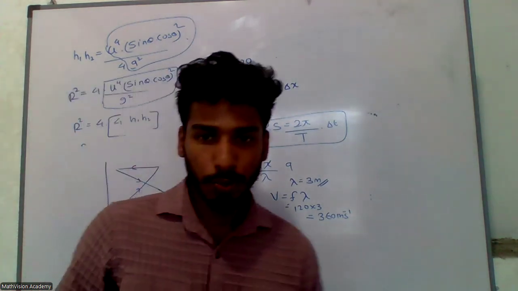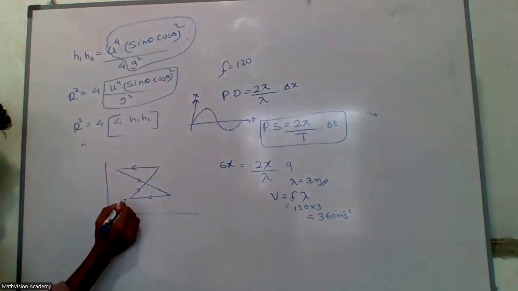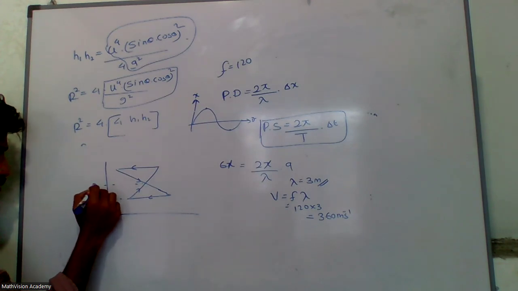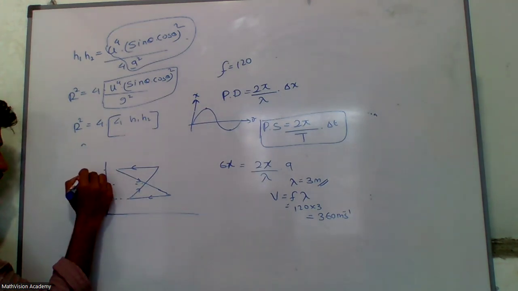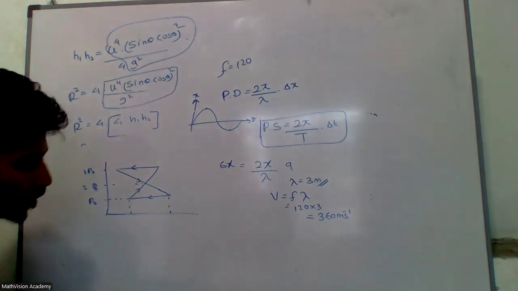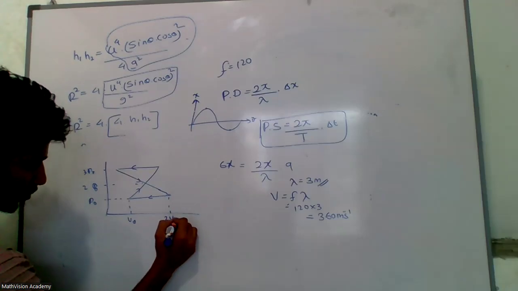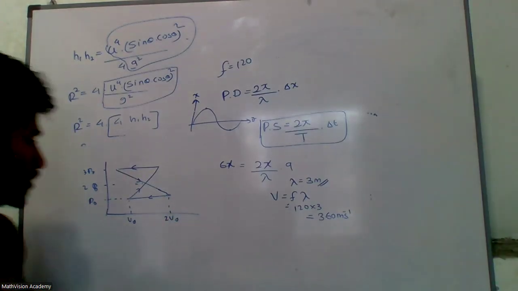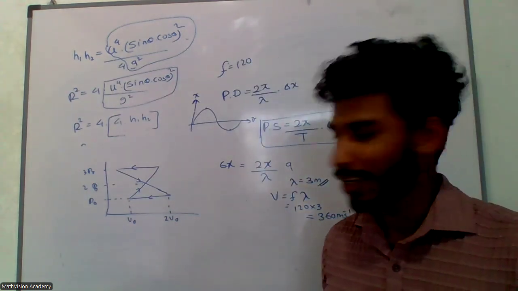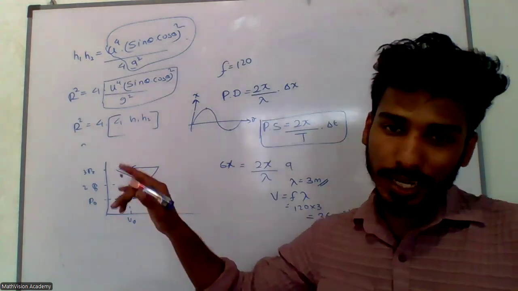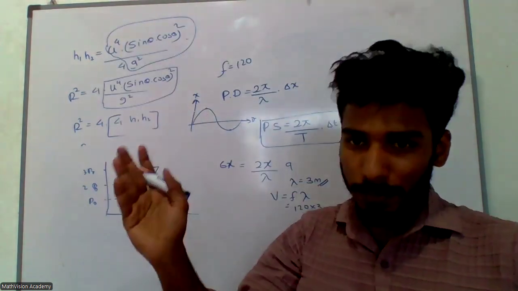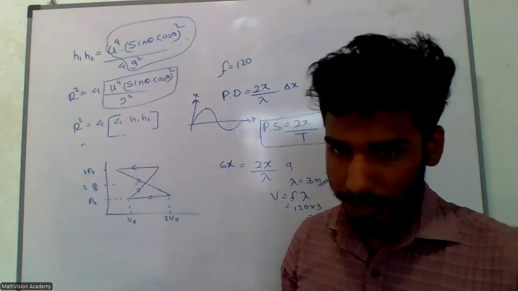Pressures are P0, 2P0, 3P0, and volumes are V0 and 2V0. To try this question, just break it into pieces. That's the way I did it in the cyclic process as well. To find the work done, I took the up part and bottom part separately. So you can get an idea like that.